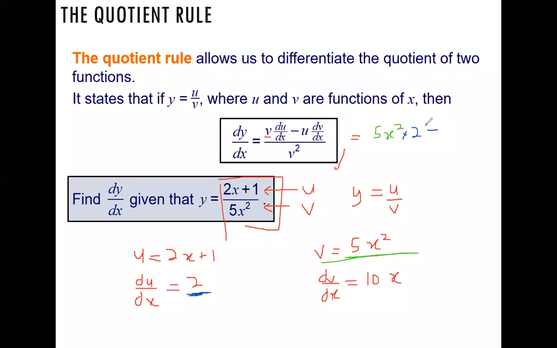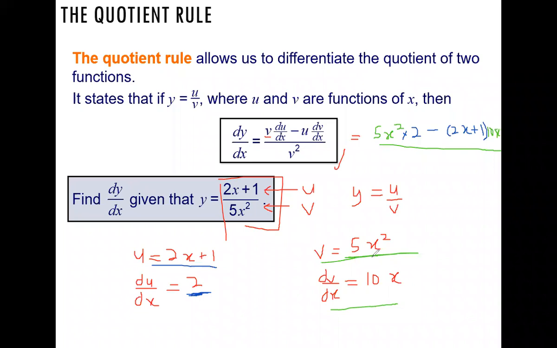Then minus, we go for u. U is 2x plus 1. Then you go for dv dx, which is 10x, so times 10x here, all over v squared.